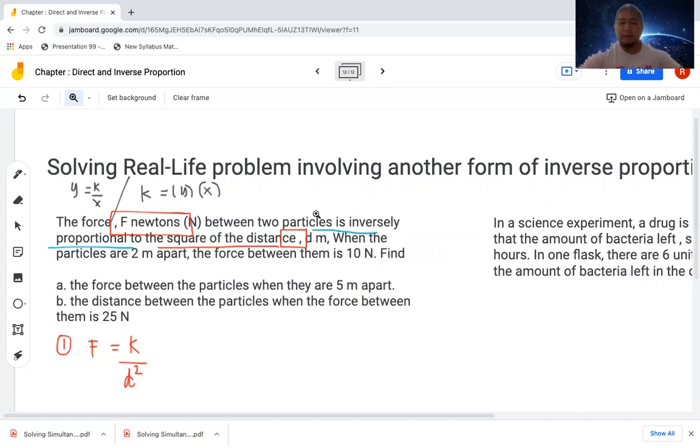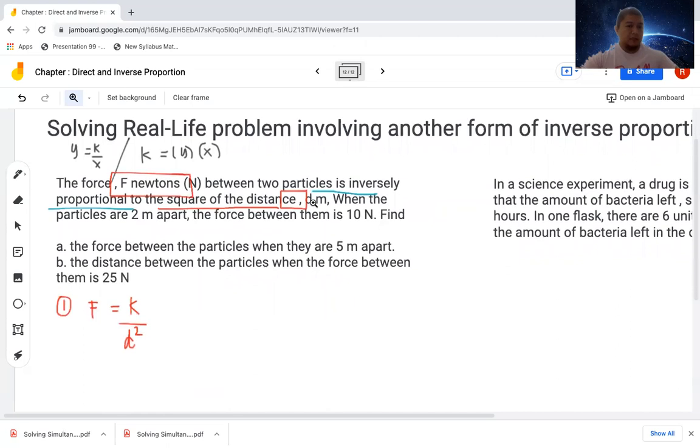So if this is the first step, the second step is for us to find the value of k. So for us to be able to get that, we must first have the value of this d and f in the given problem. And as you can see here, it was stated at the last part of the question to find the force when the particles are 2 meters apart.